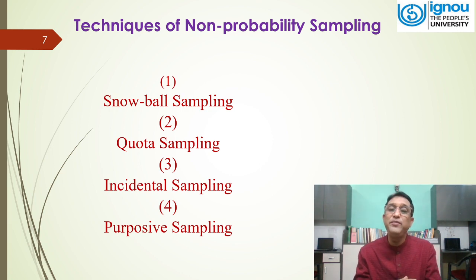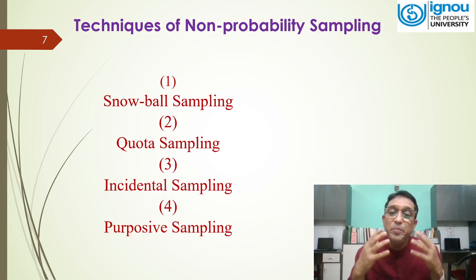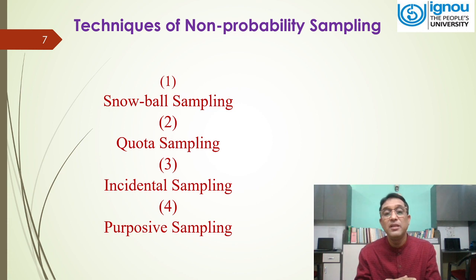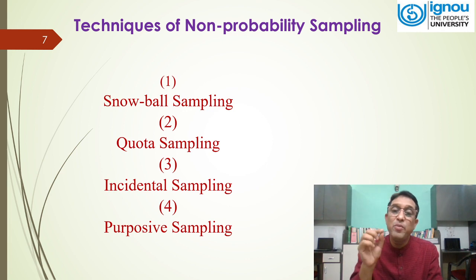So many a time, if the population is abstract in nature and the researcher is not able to get a clear picture of the population, then what will the researcher do? The researcher cannot select a sample by using the probability sampling method, because as a researcher you are not getting a clear idea of what the size of the population is. And friends, let me say, probability sampling is only possible when, as a researcher, you are able to list each and every unit of the population.